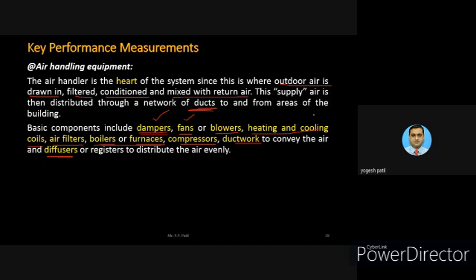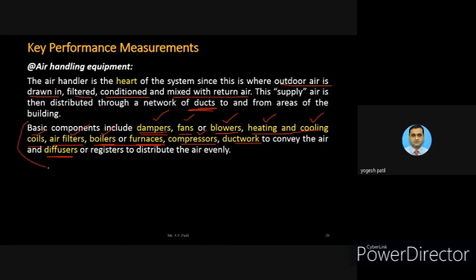Now, when we focus on all these components individually, there are many things required to be controlled or monitored. It is not that automatic control is possible everywhere. Sometimes mechanical control is also possible in some areas.